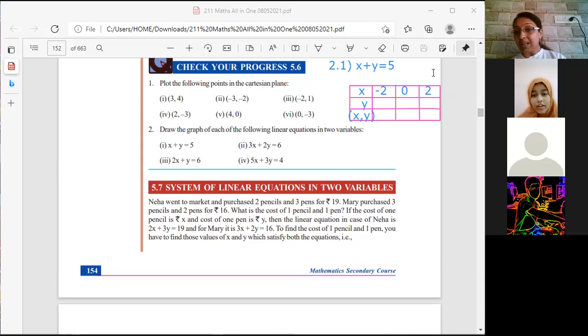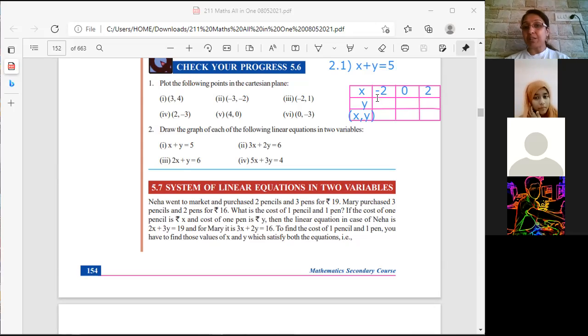Now, Teacher, should we take only 2, or can we take other numbers also? You can take any number you want to. In this case, instead of 2, I could have taken 3. I could have taken 4. I can take anything that I wish to. You can take 1 also.